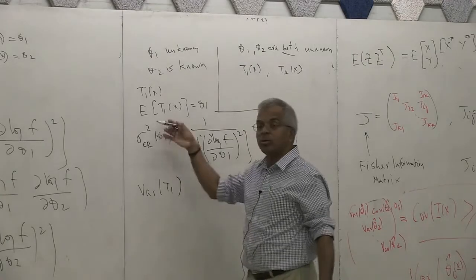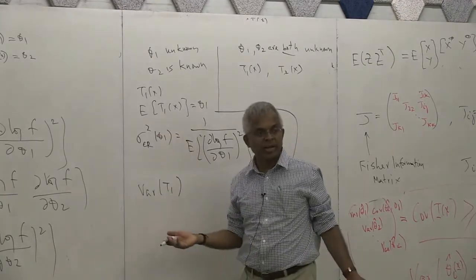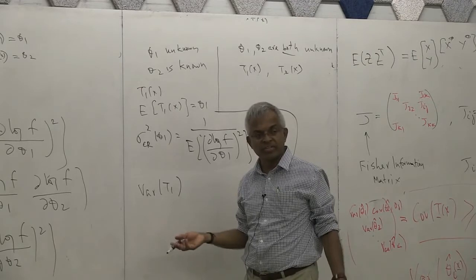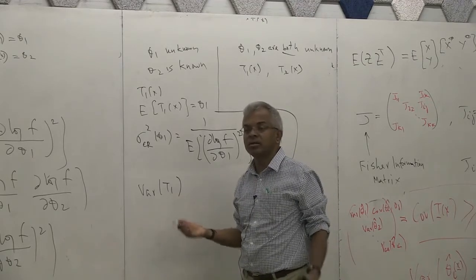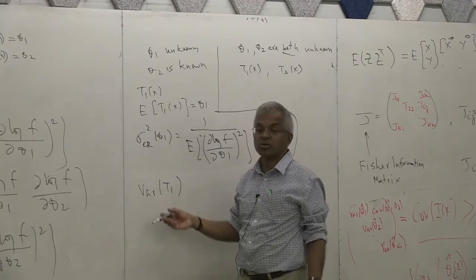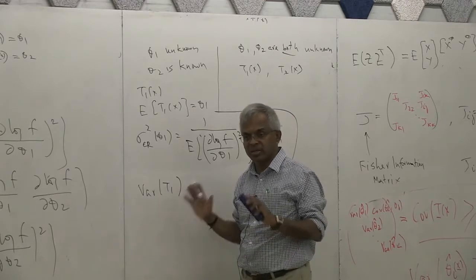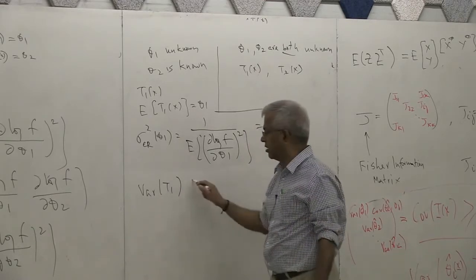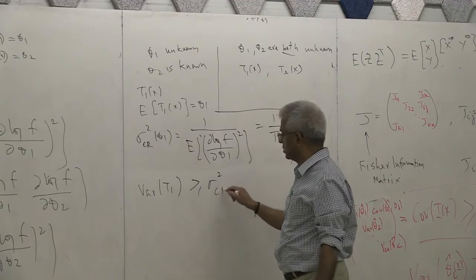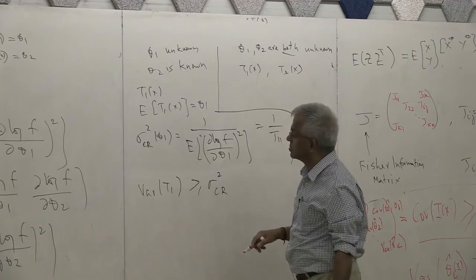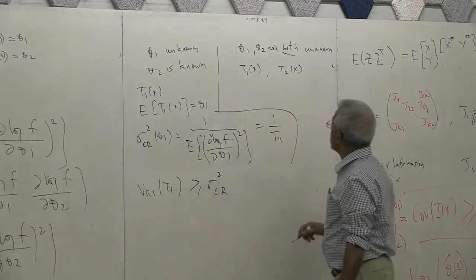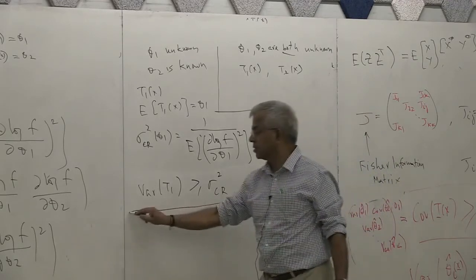Now, it may be equal to this, or it may be greater than that. If it is equal, it is efficient. If it is not equal, it is not efficient. If it is a function of the sufficient statistics, then you know that it's UMVU, and so all those things. Okay, so anyway, we can say that this is true. And so that's done, right?